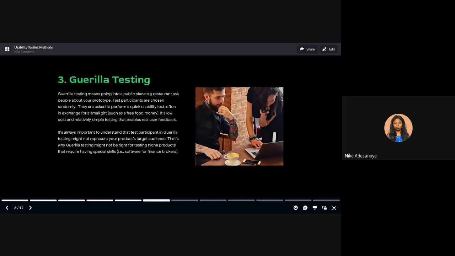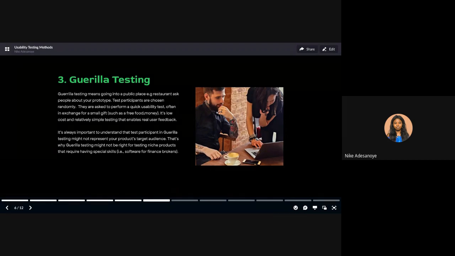Okay, so what is gorilla testing? Gorilla testing is done when you go to a physical location, for example a restaurant, and you've already done your design, maybe a wireframe.